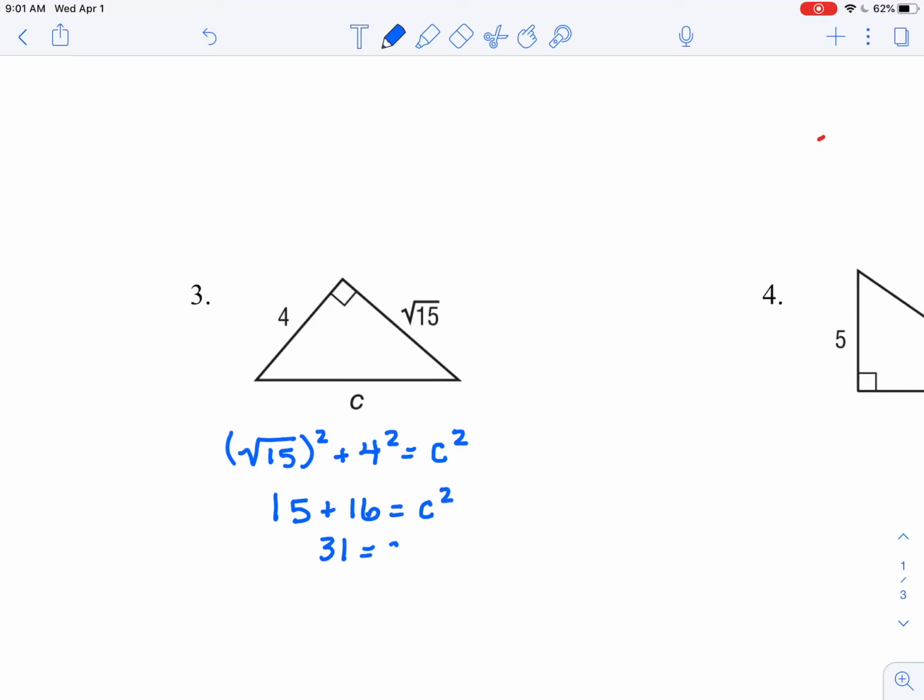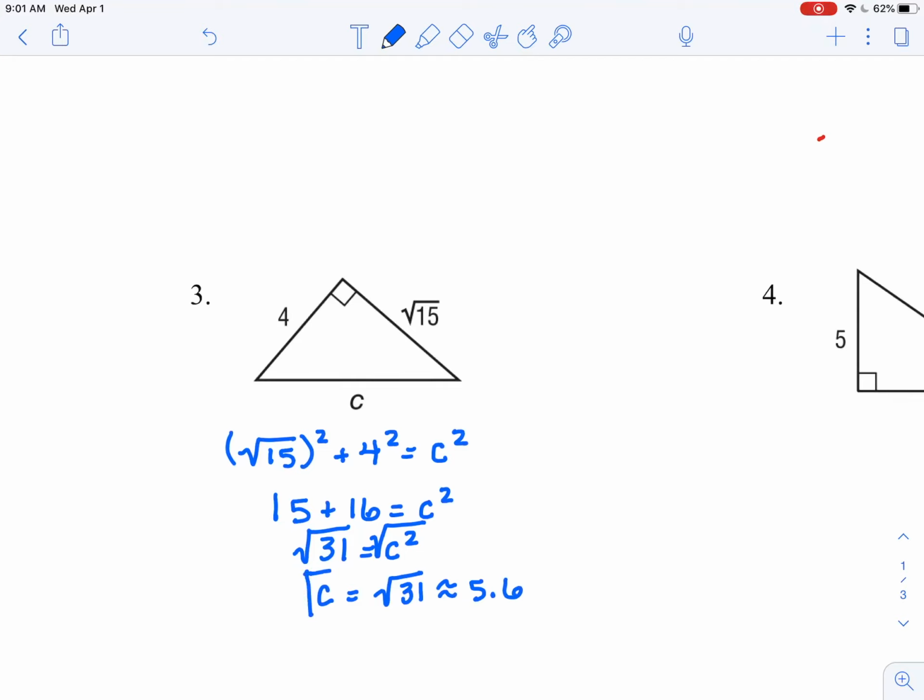Combine like terms. So 241 equals c squared. And then square root both sides to get plain old C. So C is the square root of 241, or when you put that into your calculator, that's about 15.5.